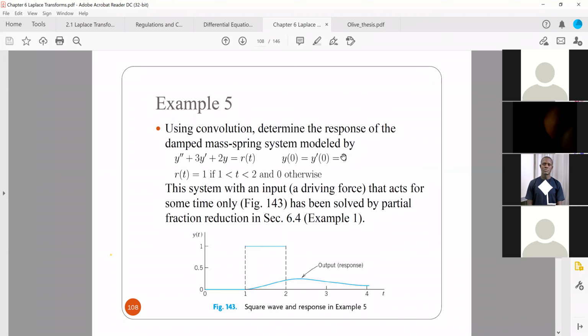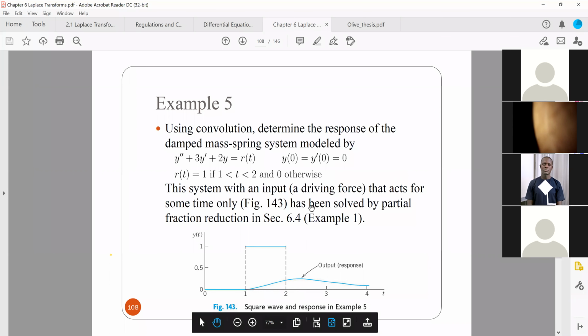Okay, initial values are 0. r(t) is equal to 1 if 1 is less than t, which is less than 2, and 0 otherwise. So this system has an input driving force that acts only for some time. This just tells us that we have some kind of step functions involved, which is what is shown by this square wave here.